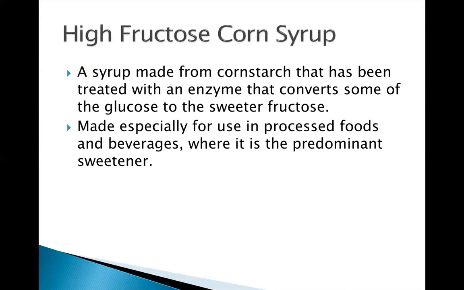Normal cornstarch has about 50%, but high fructose corn syrup has about 55% fructose. So it's higher in fructose, and fructose is sweeter. We use these in processed foods because this is a very cheap product. It's also shelf stable, but this has a lot of negative issues.